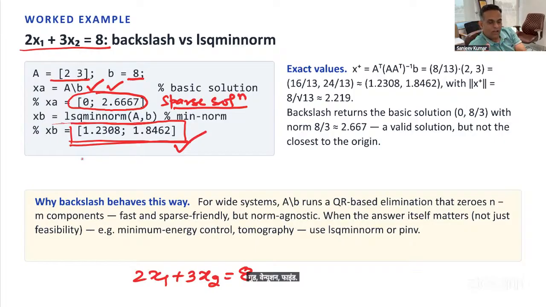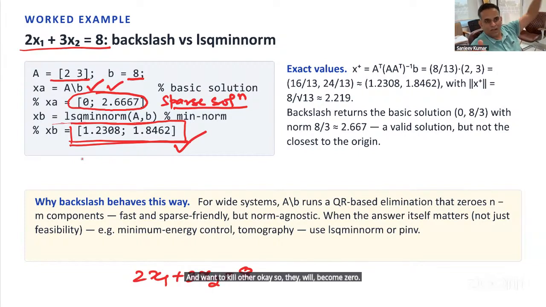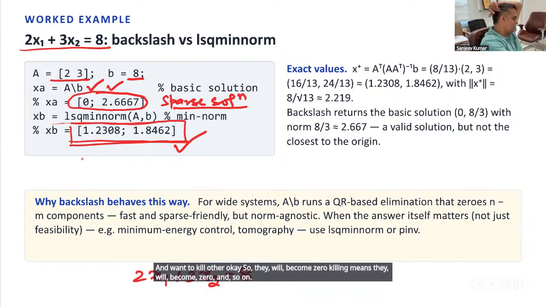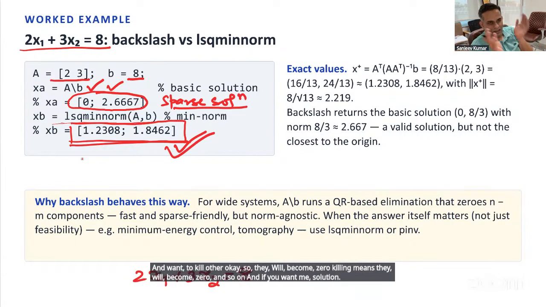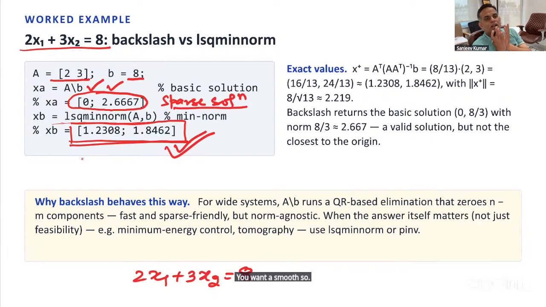You want to keep only those alive and kill the others, and killing means they become zero. And if you want a minimum norm solution, a smooth solution, then you will use lsqminnorm.